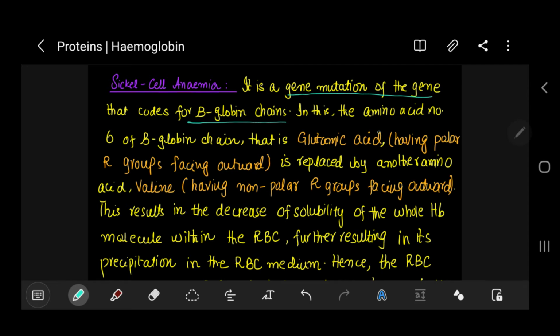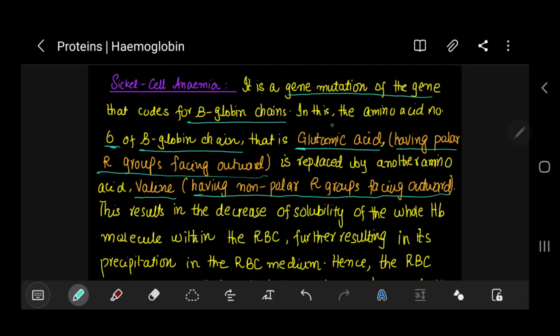In this, amino acid number 6 of the beta globin chain, which is originally glutamic acid, having polar R groups facing outwards and hence soluble, is now replaced by another amino acid, valine, which has non-polar R groups facing outwards.